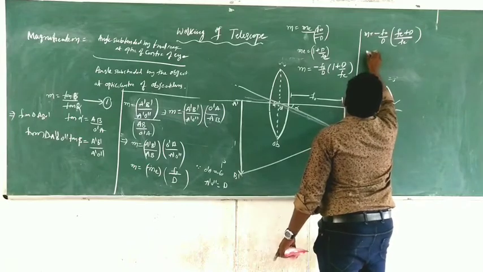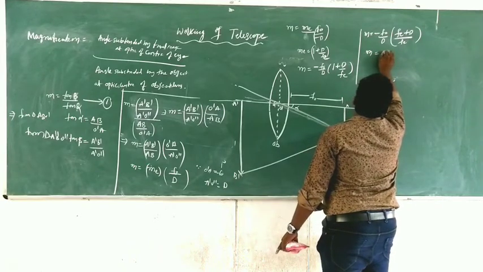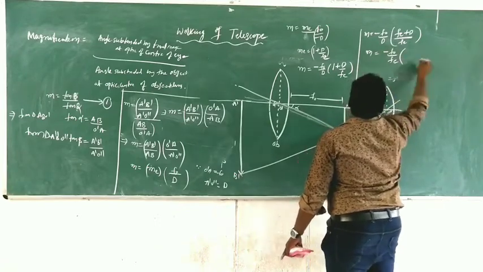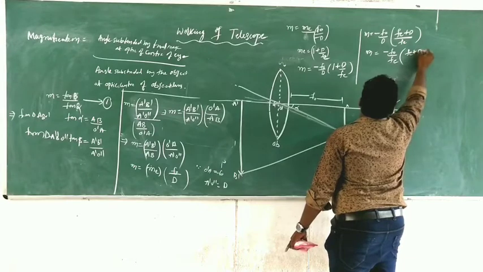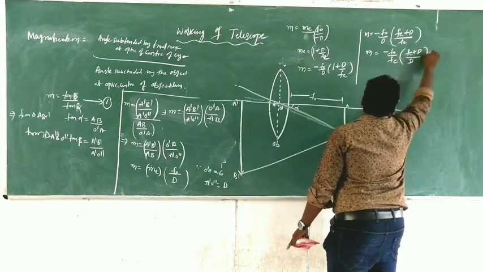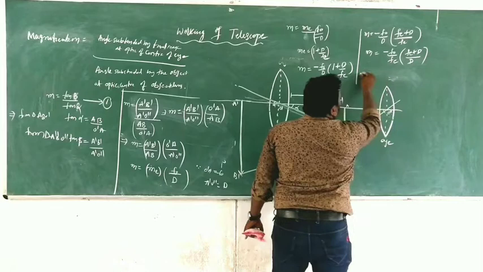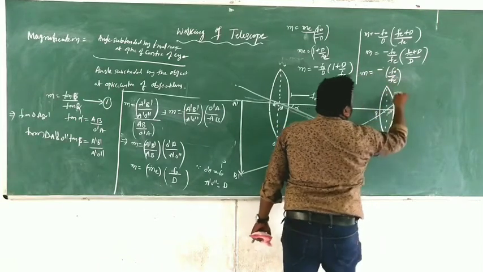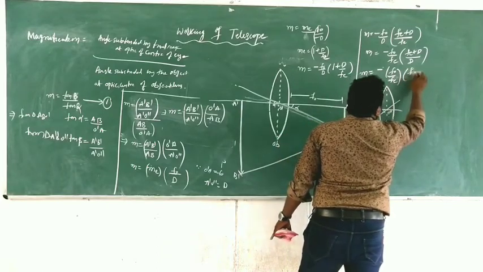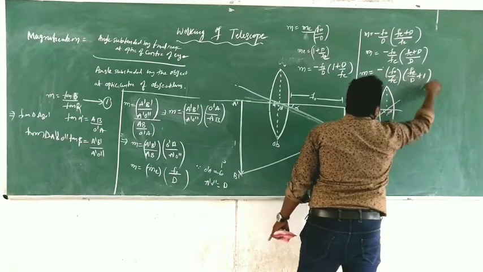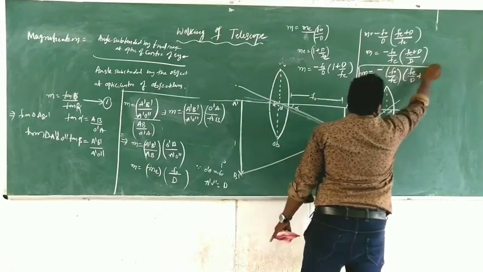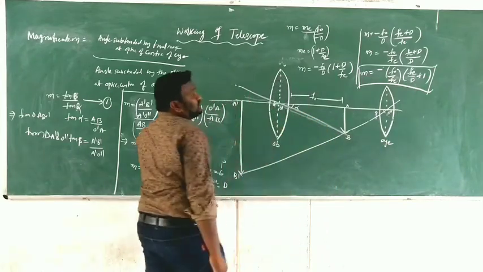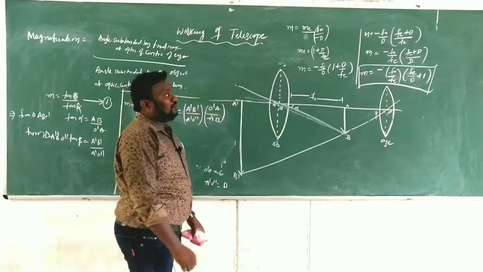Then M is equal to minus F naught by FE into, I am taking D inside, FE plus D by D. That means M is equal to minus of F naught by FE into FE by D plus 1.